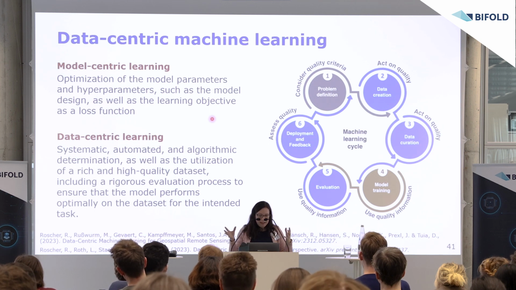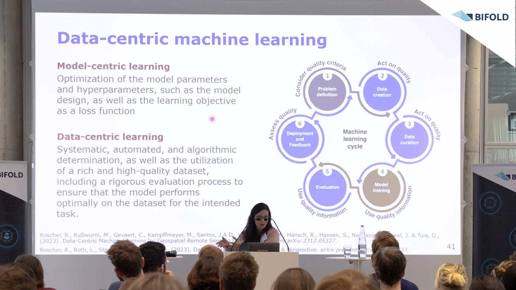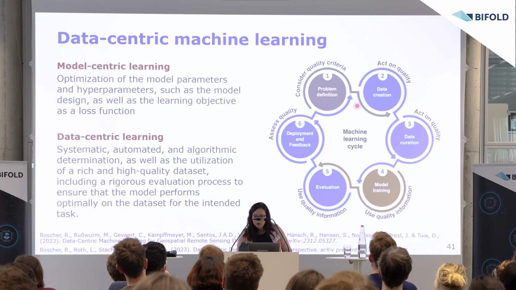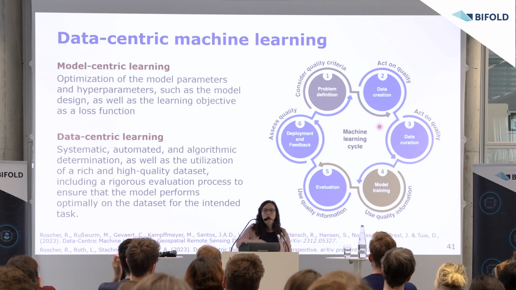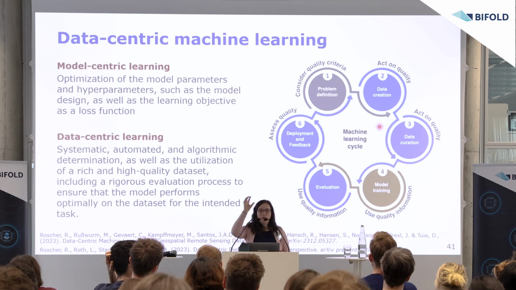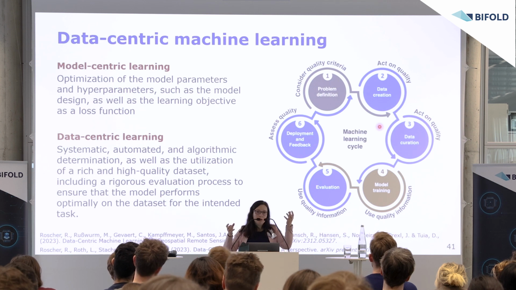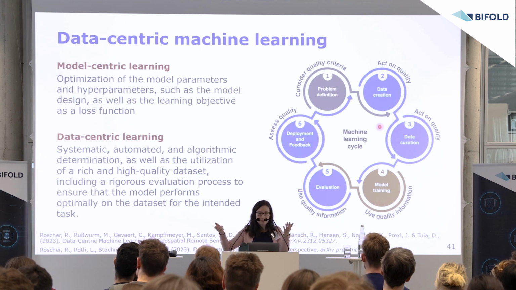And so we need data on which the model optimally performs for the intended task. And an important part is this feedback loop. So you have the machine learning cycle and the data-centric machine learning cycle. There you have a feedback loop. So you focus on the model, and the model is then used, for example, to optimize the data, and then the optimized data is again used to improve the model.